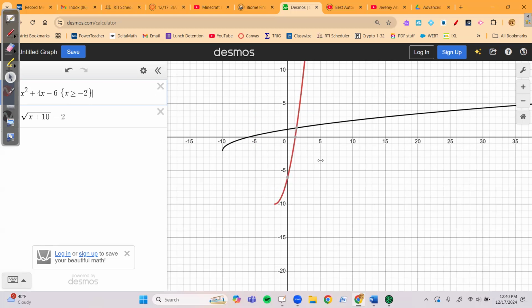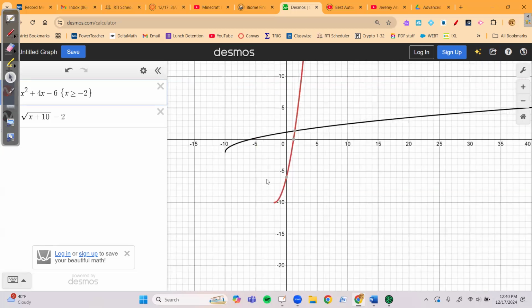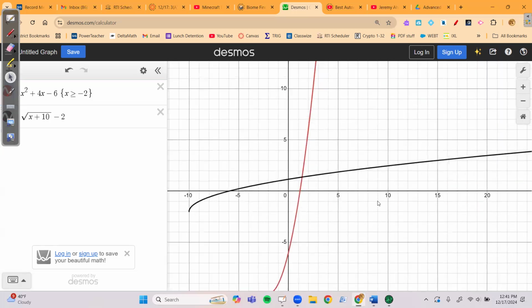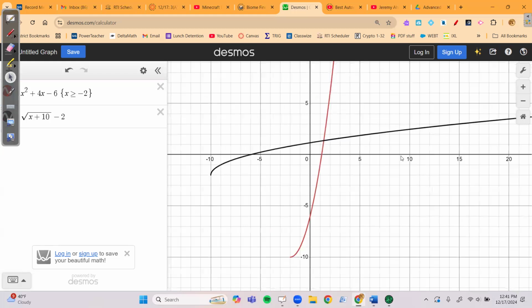That's how easy it is to restrict a domain when you're just screwing around on the computer. You can learn a lot from just playing on your calculator or playing on Desmos. I just wanted you to see that that's the language that you would use. I was playing around after you guys left yesterday, and if nothing else, they look pretty cool, right? But you can clearly see now that they are inverses of each other.